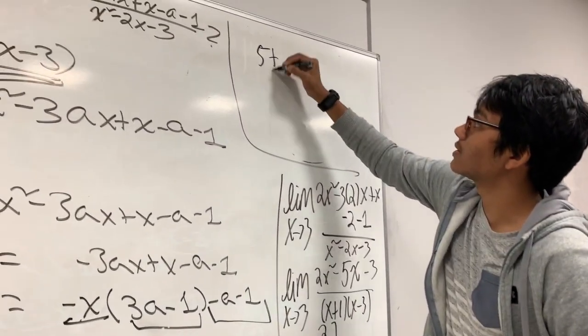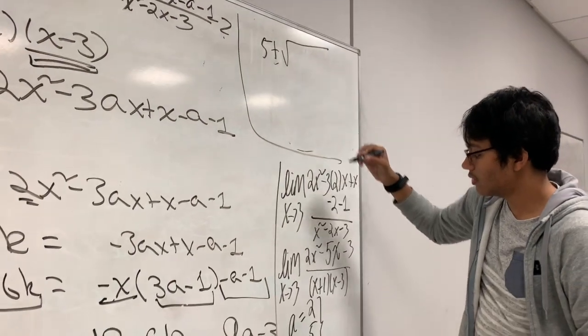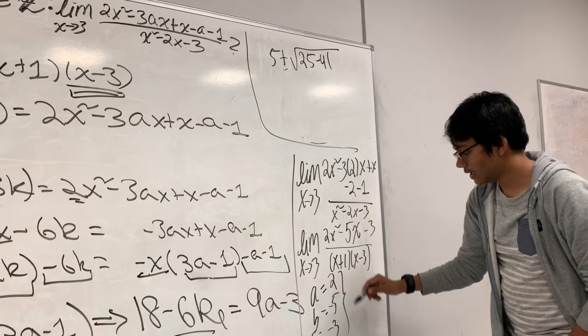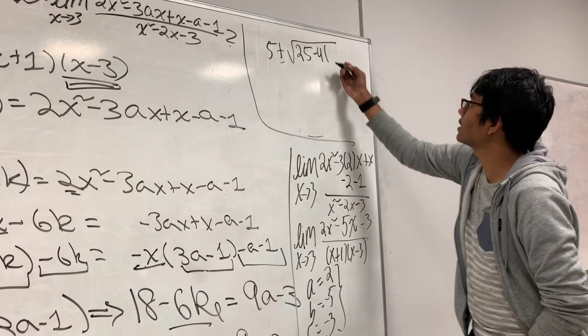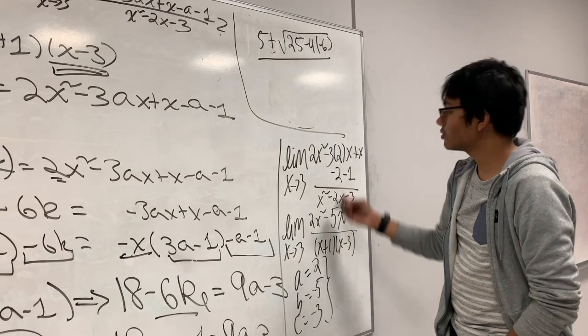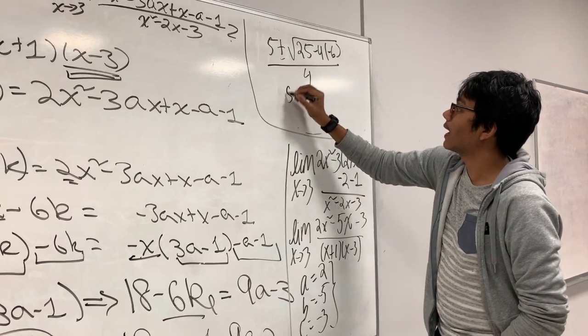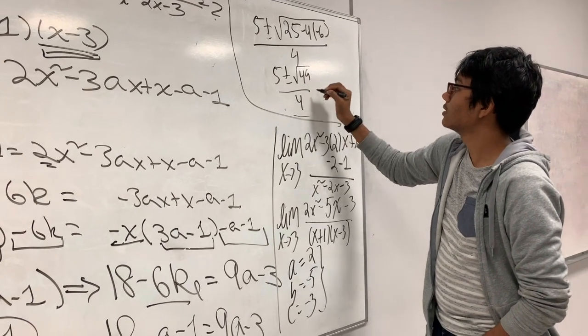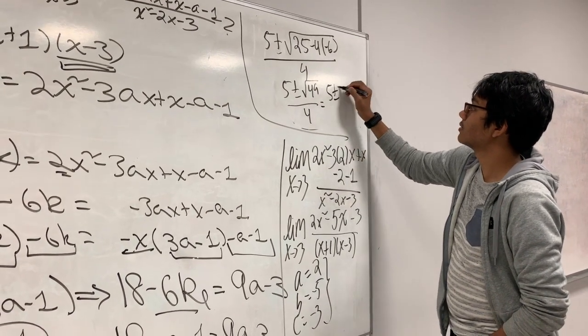Negative 5 is just positive 5, plus or minus the square root of negative 5 squared minus 4ac. So 2 times minus 3 is negative 6, all over 2 times a, so 2 times 2 is 4. Notice that this simply becomes a perfect square, so that makes life easier for us.